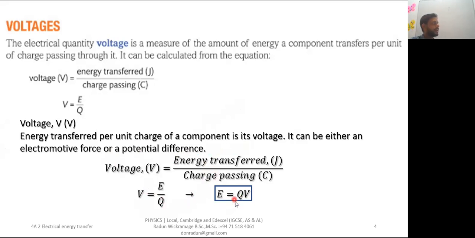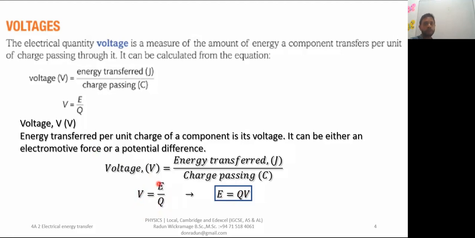That's why I've taken it as E is equal to QV. It's very sweet, so you can understand and remember it very easily. Energy is the product of charge and voltage, so voltage is energy per unit charge. You can easily remember it that way. But if you feel like remembering the equation which is directly taken from the definition, it's okay. You can go with that.